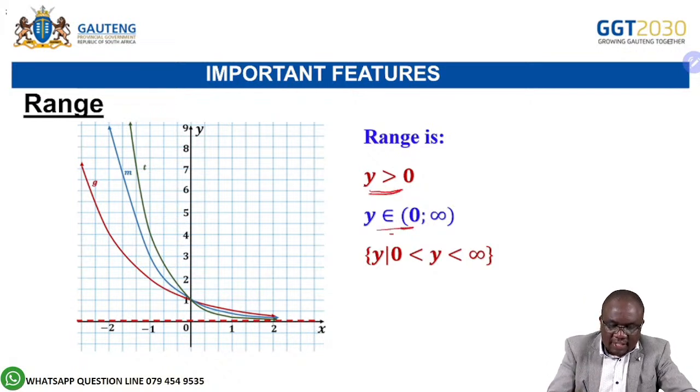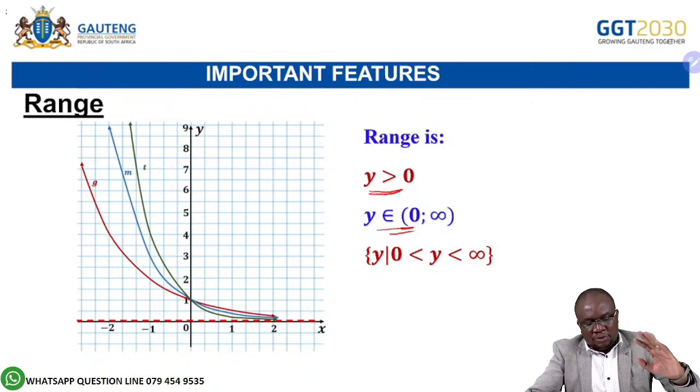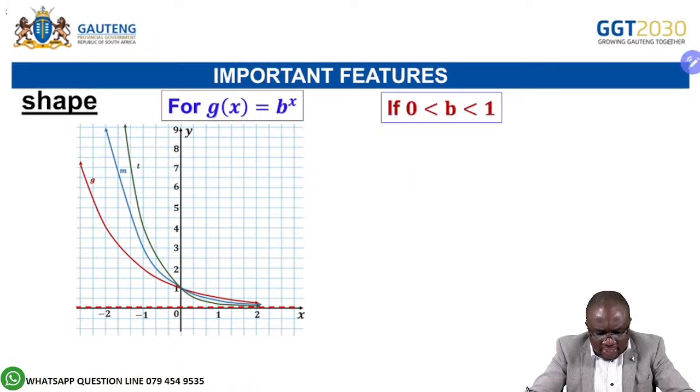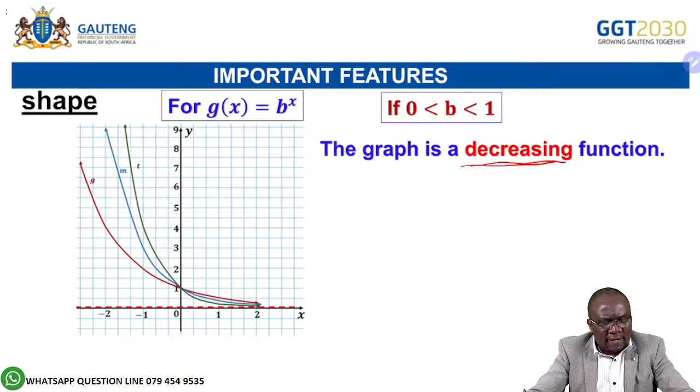It's the same domain and range as the previous one that you took notes for, so you can copy those notes and paste them here. And then the shape: if b is between 0 and 1, the graph is a decreasing function.